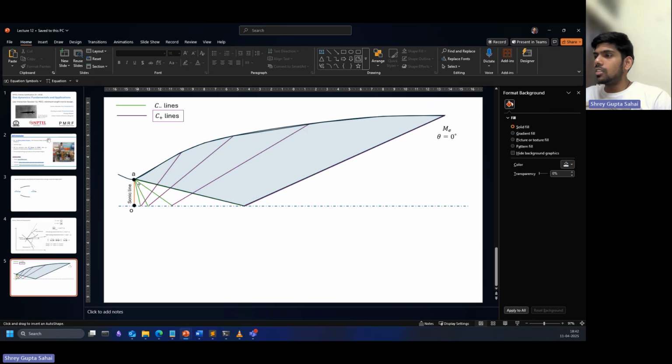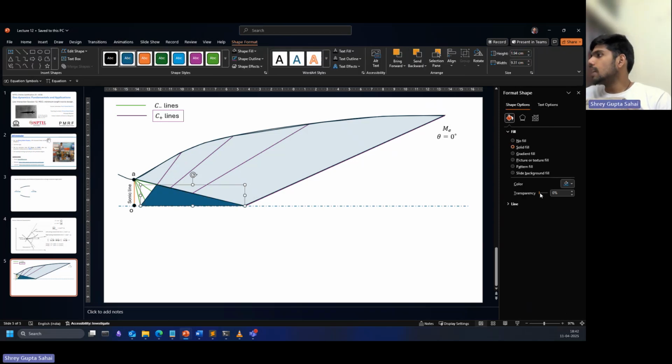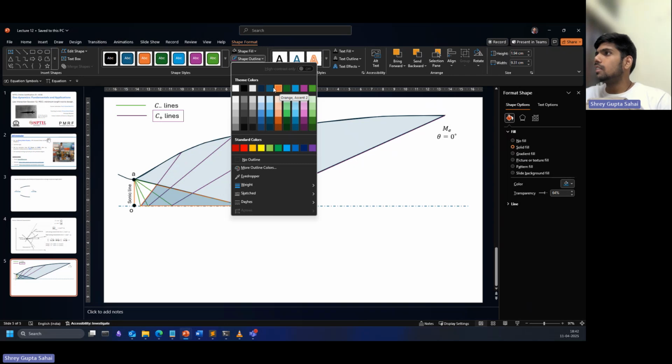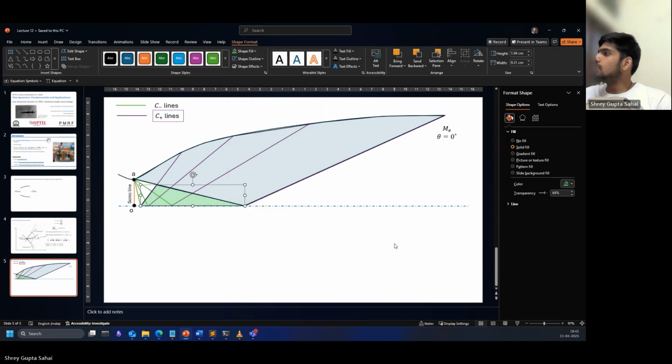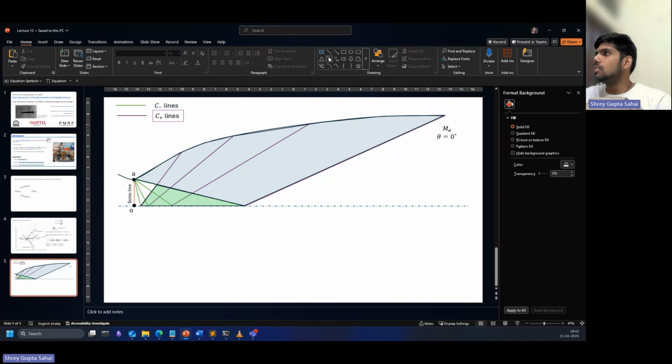Then there is also this region. This is again a region. Let me color it differently. And then there is another one, let me draw this region also.